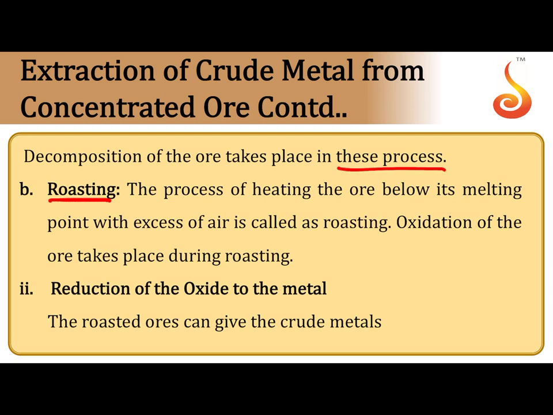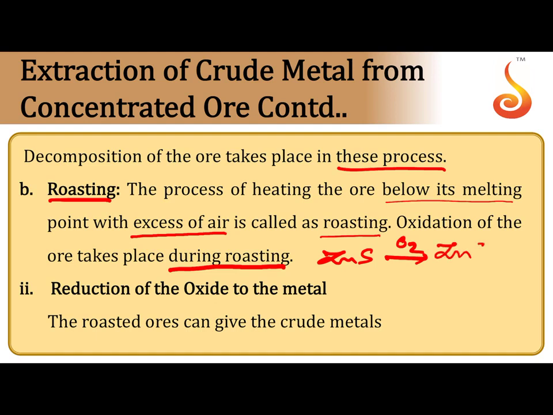Roasting, another method. The process of heating the ore below its melting point with excess of air is called roasting. Oxidation of the ore takes place during roasting. So, example, zinc sulfide on heating with excess of oxygen is converted into zinc oxide.